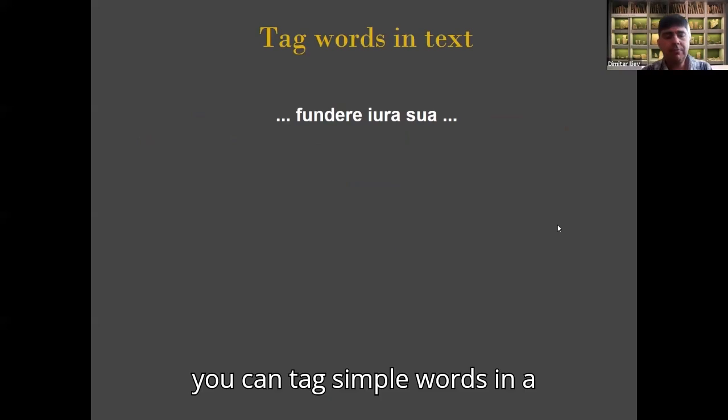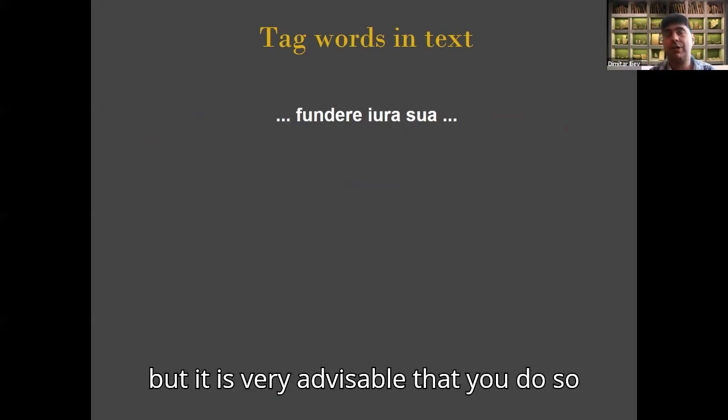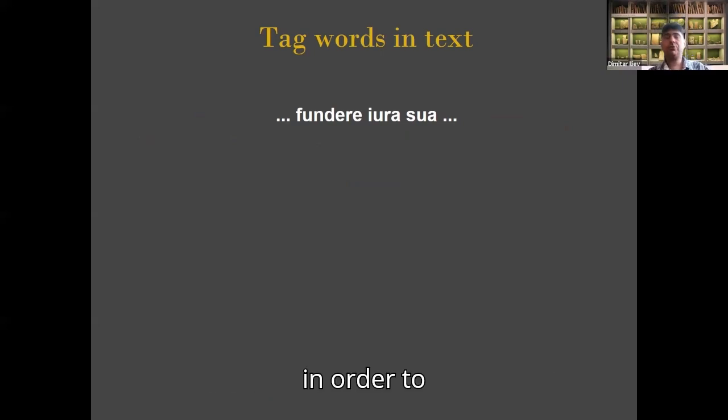So you can tag simple words in a text. And you not only can, but it is very advisable that you do so in order to separate and individuate and identify certain strings as words.